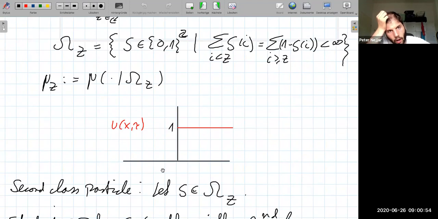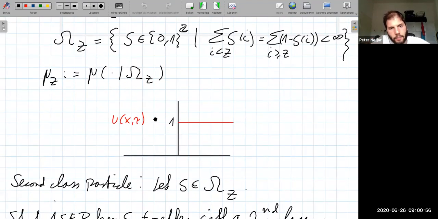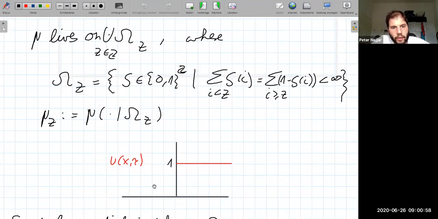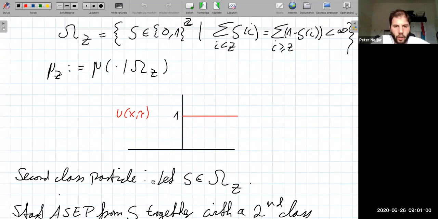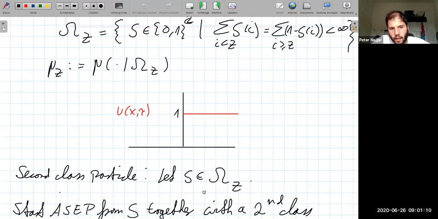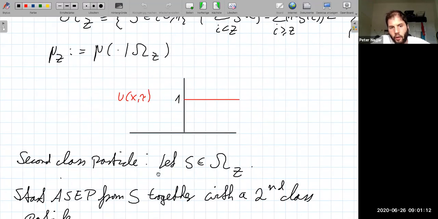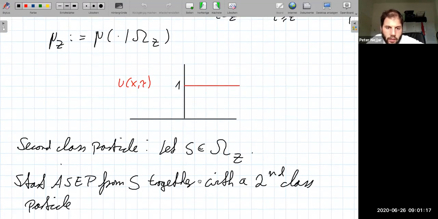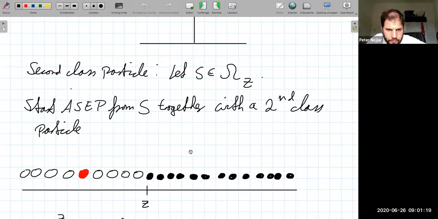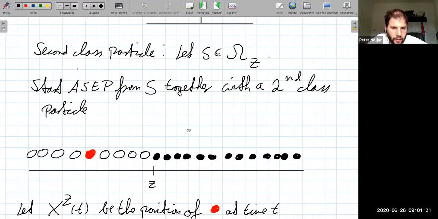However, now we will look at second-class particles in this very simple shock. So if you take an initial configuration zeta which belongs to such a space omega z, and you start ASEP from such an element in omega z together with a second-class particle, pictorially it looks like this.